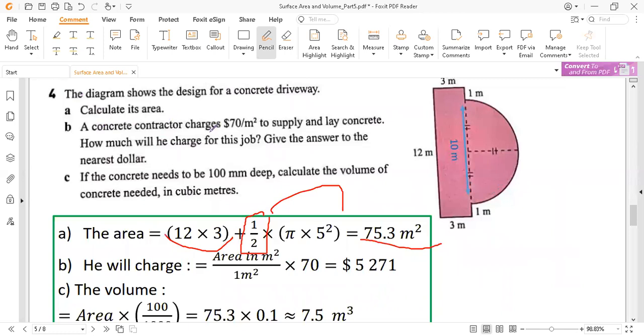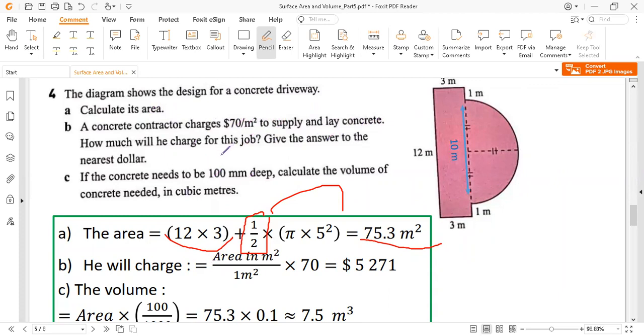A concrete contractor charges $70 per meter squared to supply and lay concrete. So normally, for each 1 meter squared, we should pay the contractor $70, so we should calculate the whole charge.